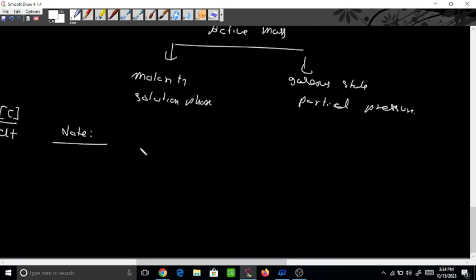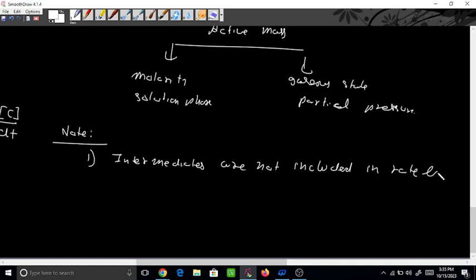So never include intermediates in the rate law. So write it down: intermediates are not included in rate law.